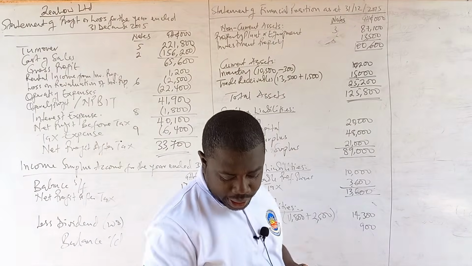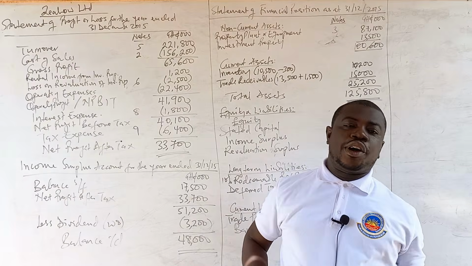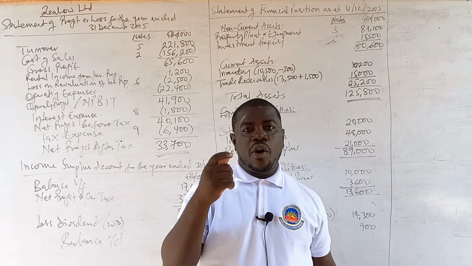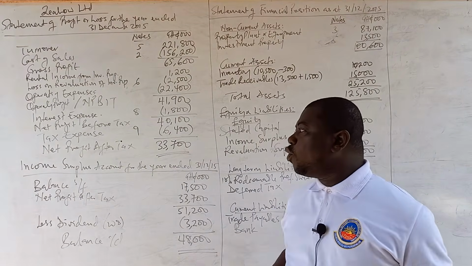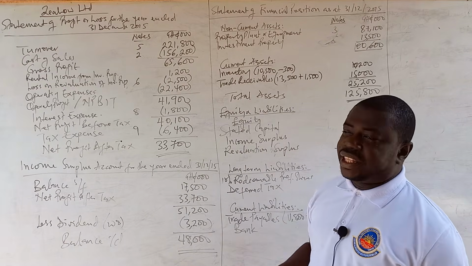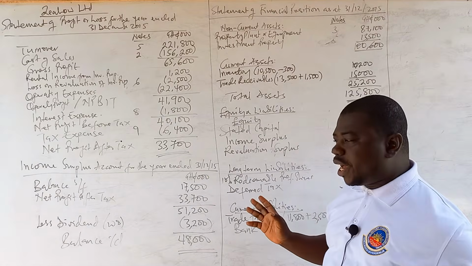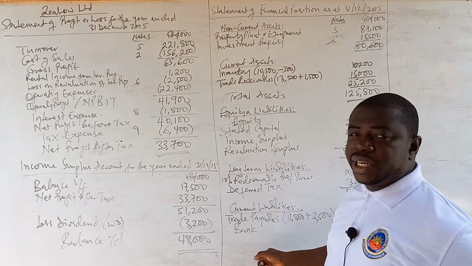And then I think, yes, there is one more thing you may forget if you are not careful. The current tax for the year of 8 million. You see that when the tax expense to be recognized was estimated as your current tax plus movement in deferred tax. So the movement in deferred tax there, we don't care about that when it comes here. But the current tax must be a current liability.